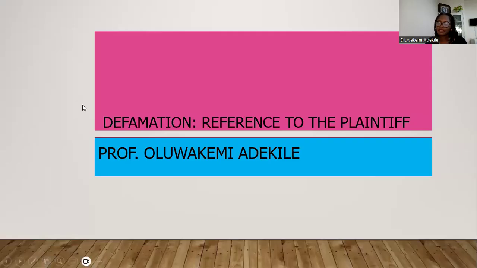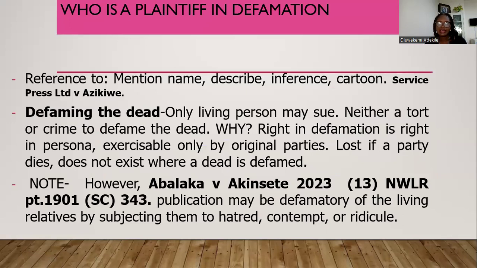Okay, here we are. So in the presentation of today, like I said, what does it really mean when we say that a defamatory statement must refer to the plaintiff? What we are seeing is that the statement that you are complaining about may refer to the plaintiff by mentioning that person's name.